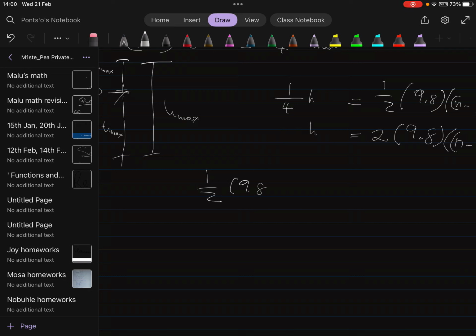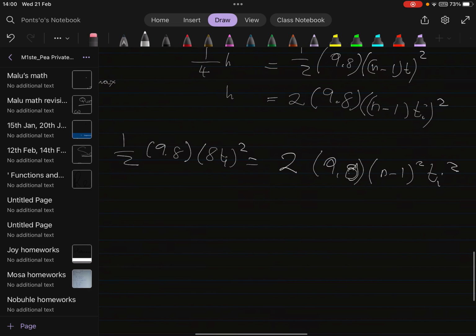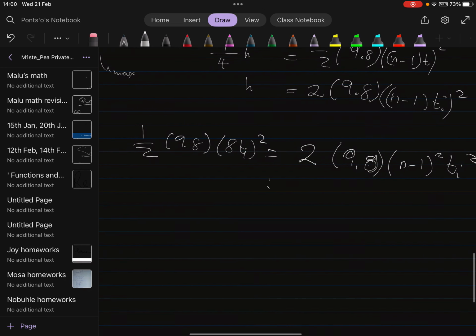And that means a half times 9.8 times 8ti squared equals 2 times 9.8 times n minus 1 squared ti squared.